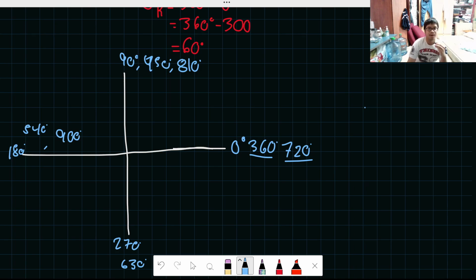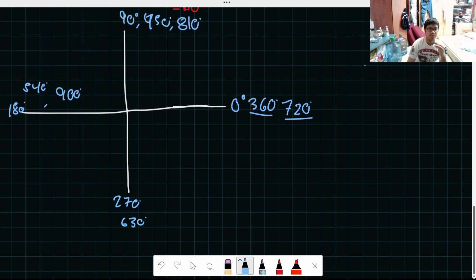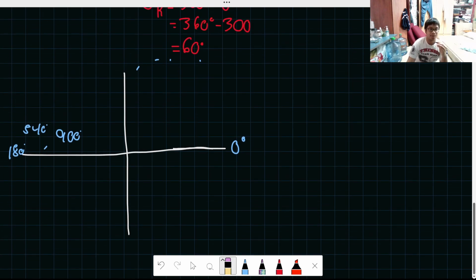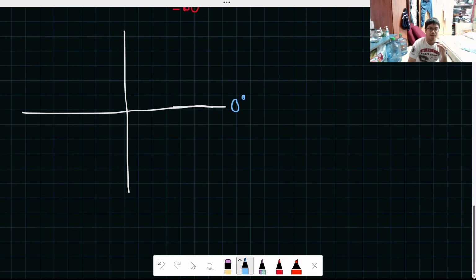Oh, wait. This is for positive angles. But since we're looking for negative 900 degrees, that means we're going to do it in clockwise instead. So I actually wasted time here. Forgive me, but I think you get the idea so far. What we will do is get the quadrantal angles in clockwise rotation.